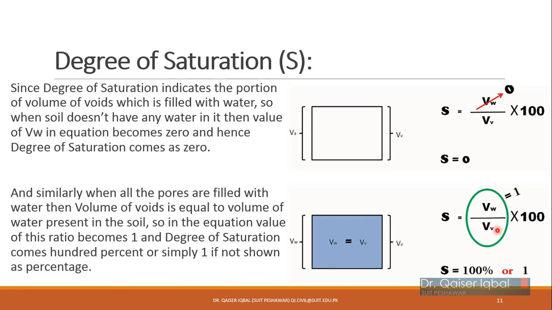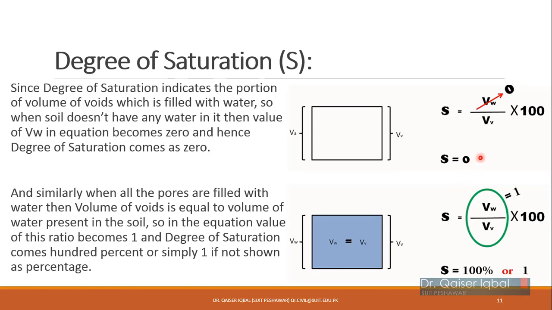So VW is the same as VV. Okay, so if this is the same as this, it should be equal to 1. Because if this is 100 and this is 100 as well, 100 divided by 100 is equal to 1. If this is 50, this is 50, and 50 divided by 50 is also equal to 1. You can multiply it with 100 and present it as a percentage as well, or you can present it as a ratio 1 as well.